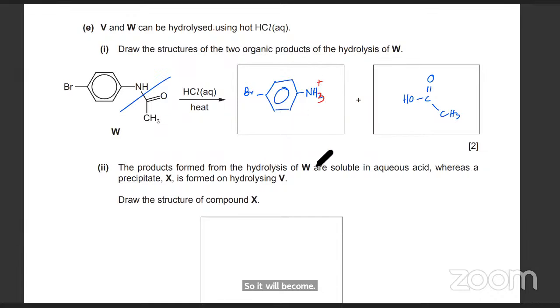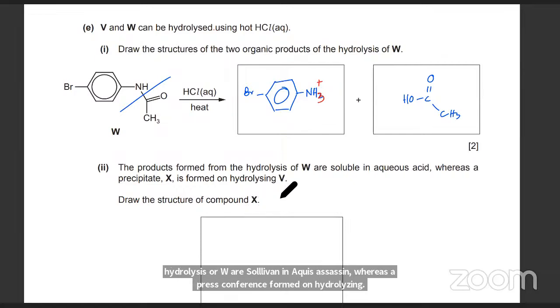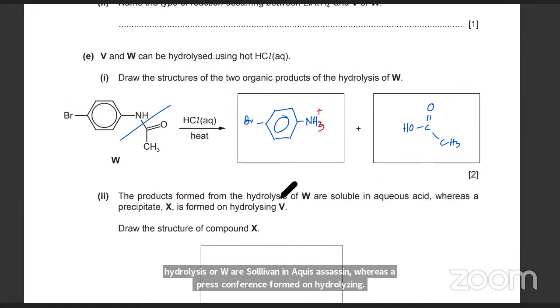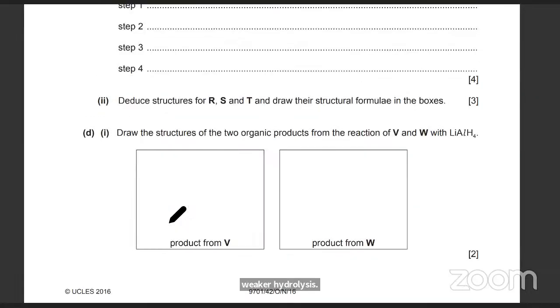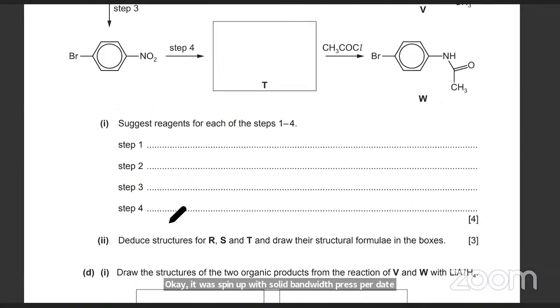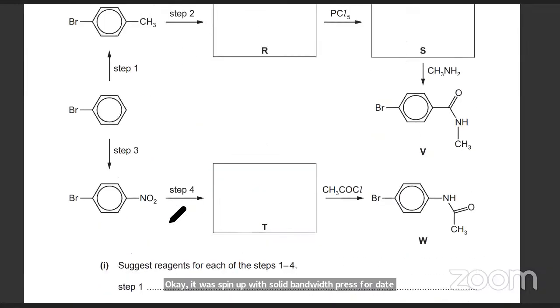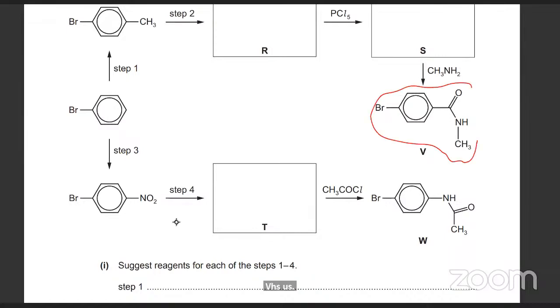The product formed from the hydrolysis of W are soluble in aqueous acid, whereas the precipitate X is formed on hydrolyzing V. Draw the structure of compound X. तो V का hydrolysis, वो कह रहा है उसमें ना कोई solid बन रहा है, precipitate. So where's V? V ये चीज है। अच्छा, V exactly वही चीज नहीं है। अच्छा नहीं, V के अंदर क्या होगा?